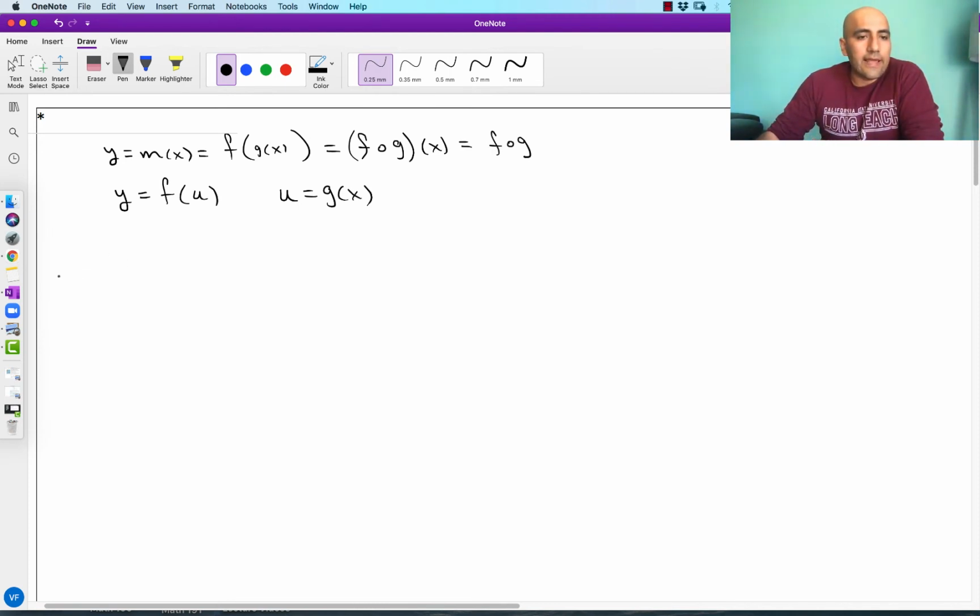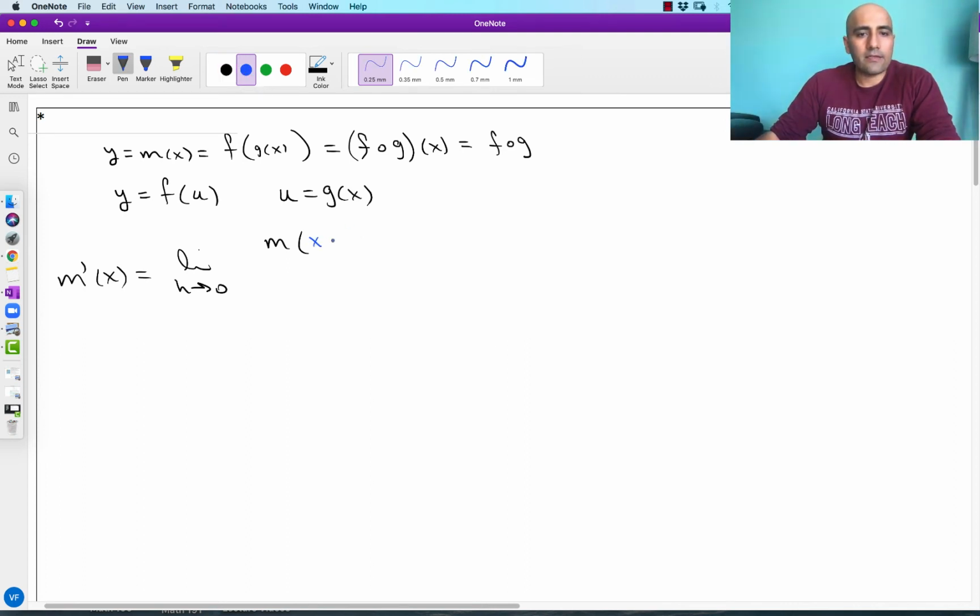So if we want to find m prime of x, we want to find the derivative of this composition of functions, we know that this is equal to the limit as h goes to 0 of m of x plus h minus m of x, all of that divided by h, right?